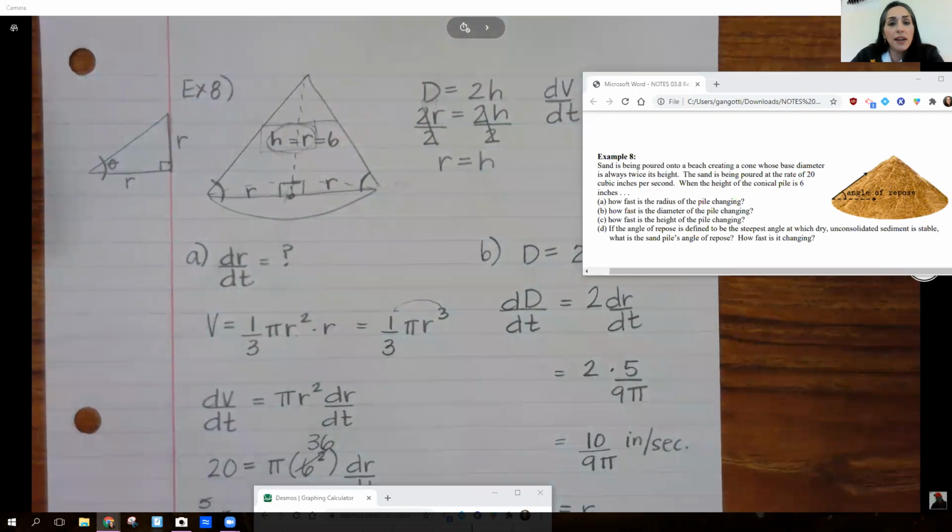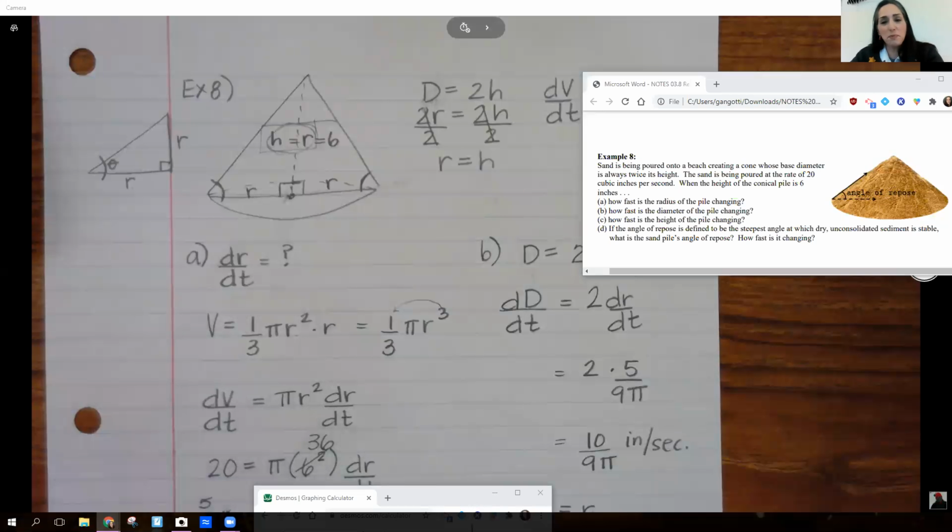And it's always going to be an isosceles right triangle because in this problem, we are locked into the diameter always being twice the height. Hence, the radius is going to equal the height. So what's that angle going to have to be if that's isosceles? Is that 60? Nope. 45.